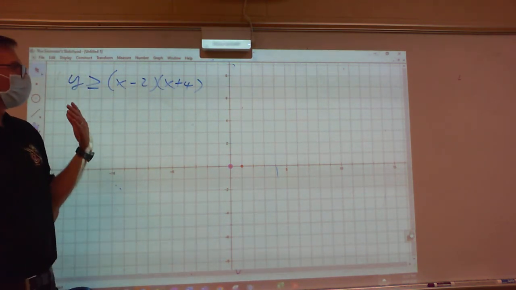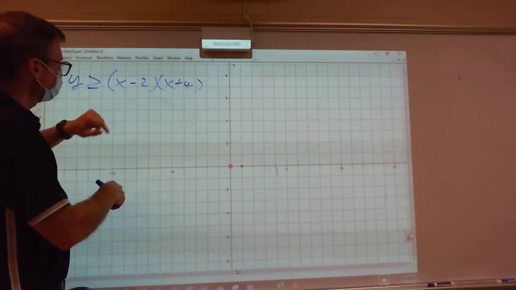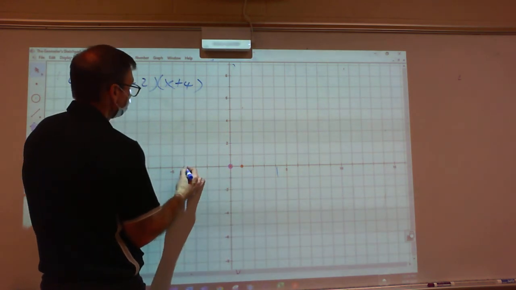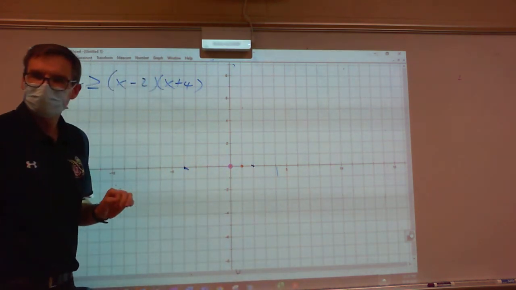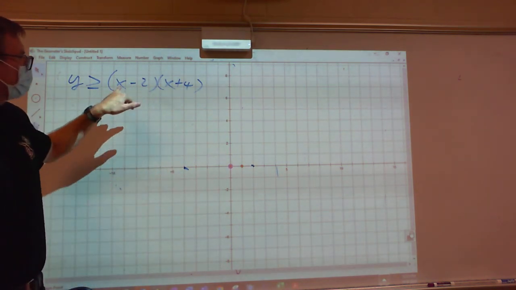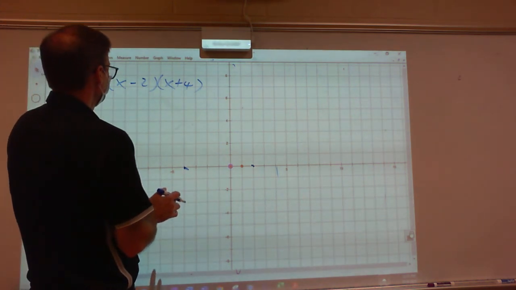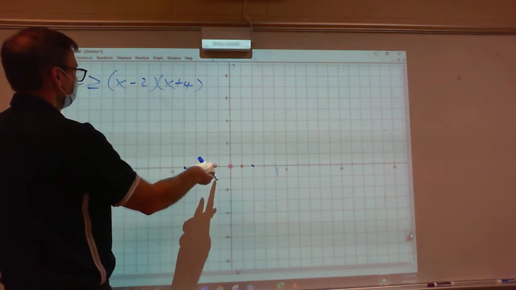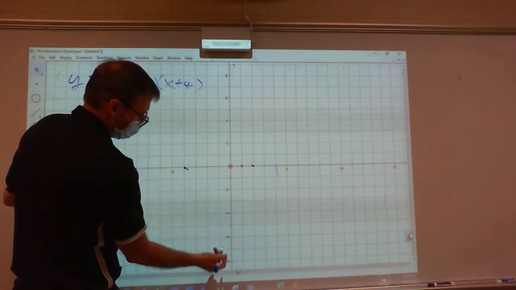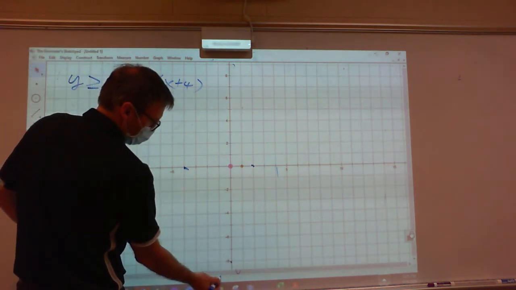Right. And what I'm going to do is graph y equals. So if I graph this, this has x-intercepts at negative 4 and at 2, right? It has a vertex at, let's see, if I plug in negative 1, negative 9, which is way down here, and 8.